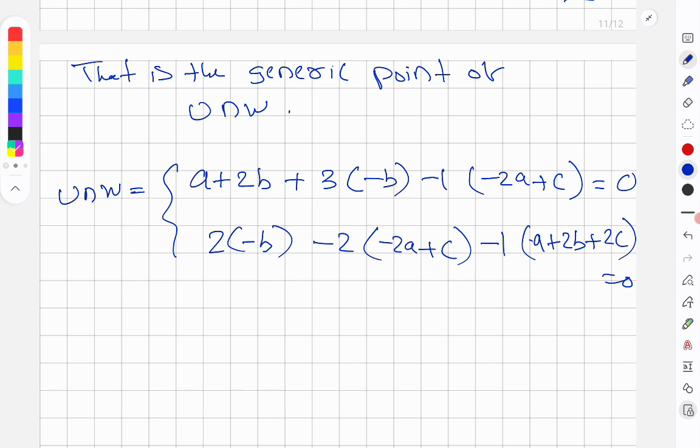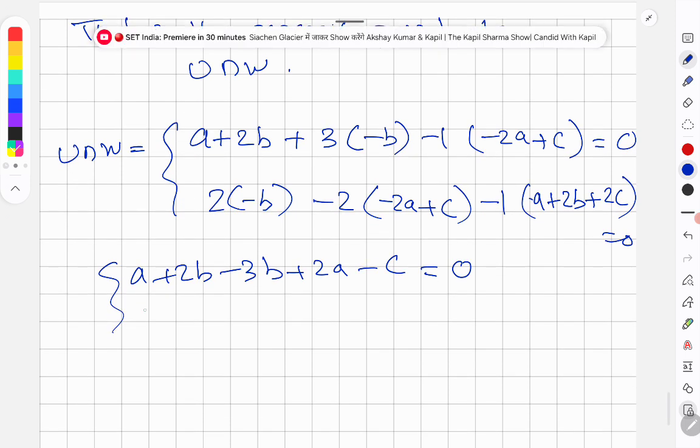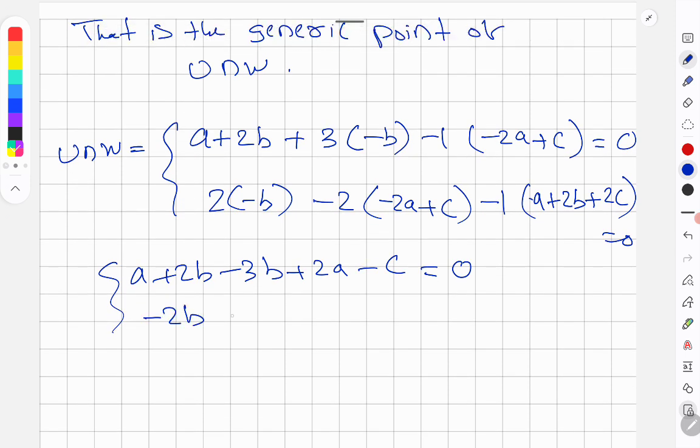So let's simplify this one. Here you get a, then this is plus 2b minus 3b plus 2a minus c is equal to 0. Then here you have minus 2b plus 4a minus 2c minus a minus 2b minus 2c is equal to 0, right?